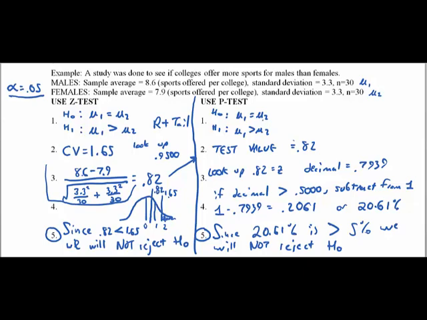I think you're going to see more of these in the wild, like if you're looking at things in journals or things written in newspapers. The p-test is a little bit easier to translate for people, even though I feel the z-test is easier to compute once you know what a z-test is. But how many people know what a z-test is in a newspaper or some kind of report?